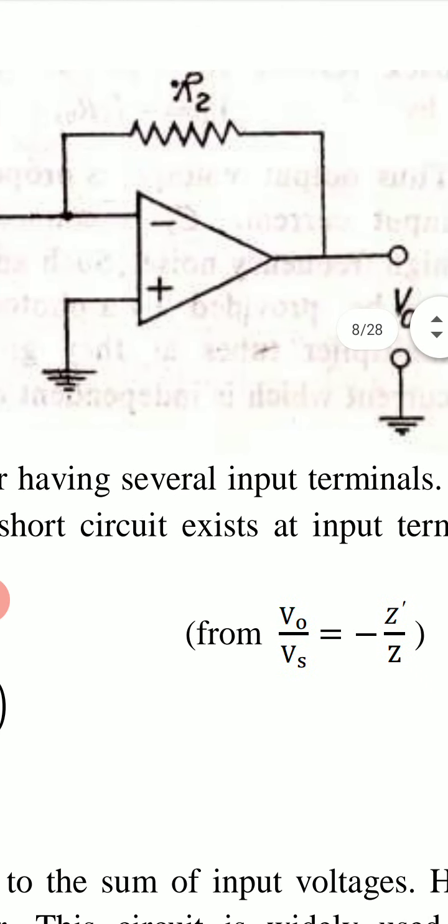Z dash is the impedance through which feedback is added.